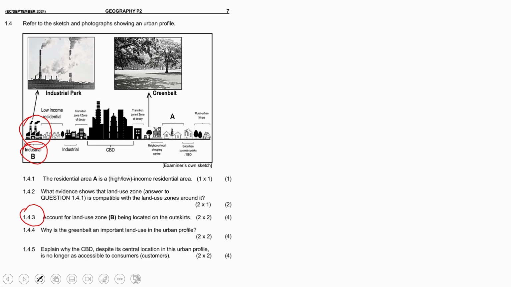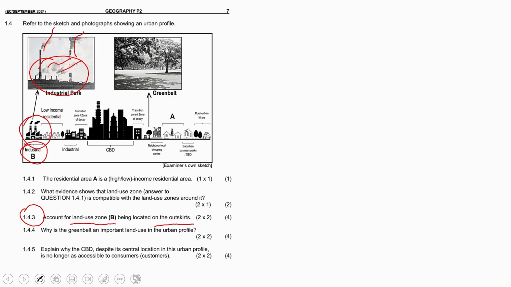And then the question says, account for land use zone B being located on the outskirts. Remember we said industries on the outskirts are heavy industries. And you can see the heavy machinery there, the pollution coming out of the chimneys. Heavy industries need large land, flat land, cheap land.